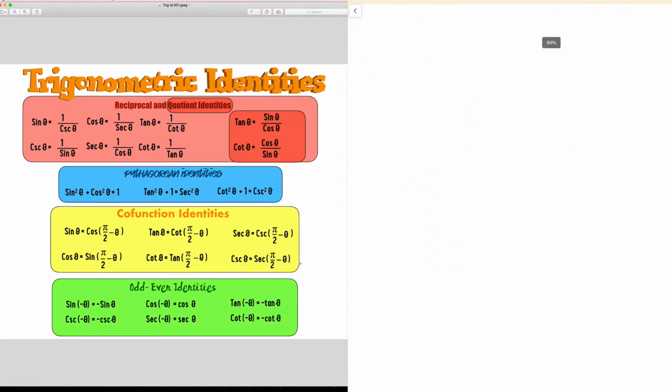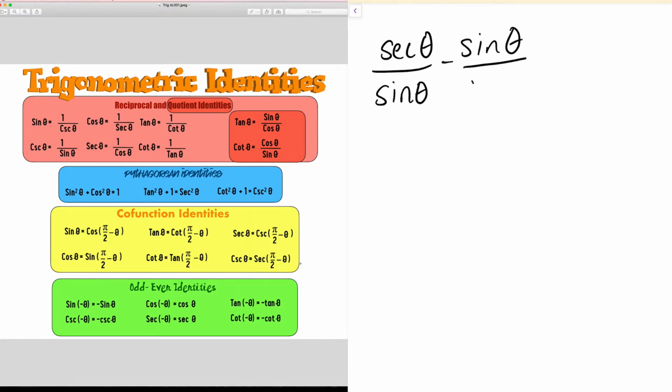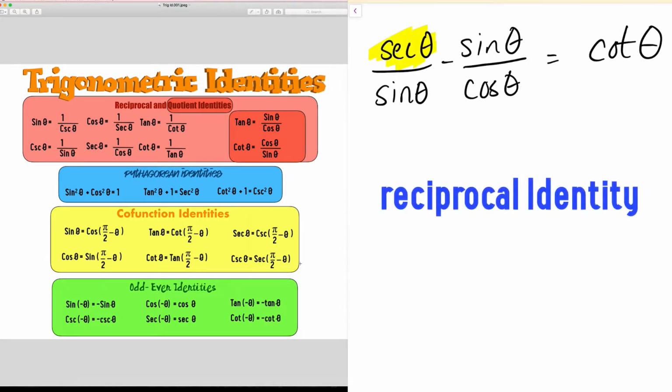All right, well, let's work on 7 now. 7 is secant theta over sine theta minus sine theta divided by cosine theta, and I want to verify that this equals cotangent theta. What can I do on the left side? Two things stick out. Number one, I have a secant theta, which is a reciprocal identity, but I can change that later.